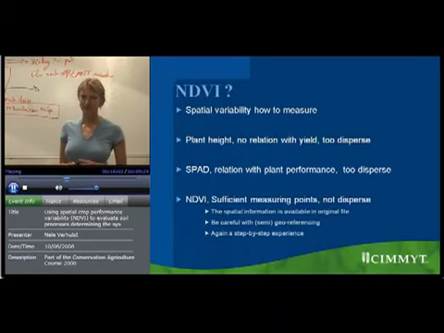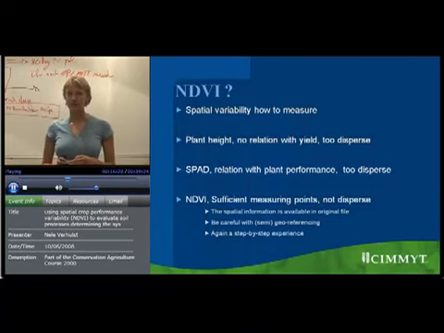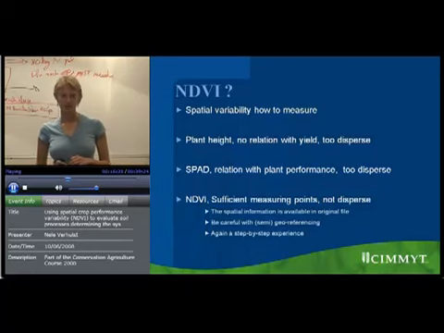Now, of course, first you have to ask yourself the question that was before the sensor, how are we going to measure this? We can measure plant height, but the problem with plant height is, firstly, it takes a lot of time to get to a lot of points in one plot, and that the correlation with final yield is not very high. So then we did it with chlorophyll measurements. Now we've got 64 plots in D5.